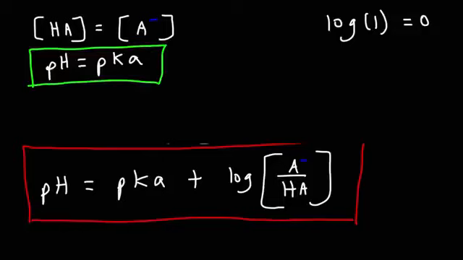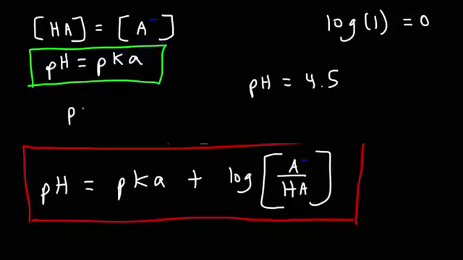So let's say if you want to create a buffer solution that's centered at a pH of 4.5. Well, you want to find an acid with a pKa that is very close to 4.5.